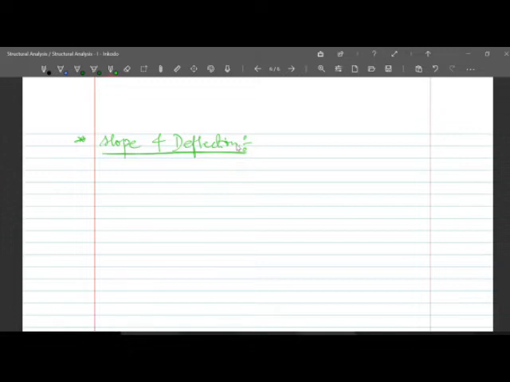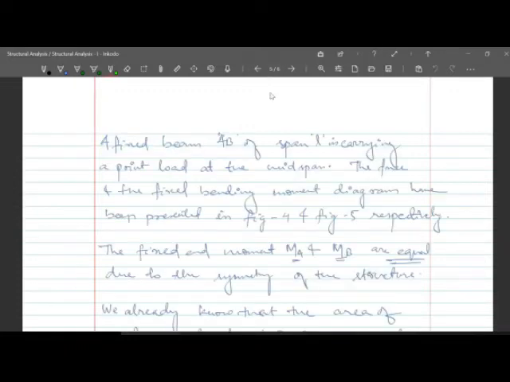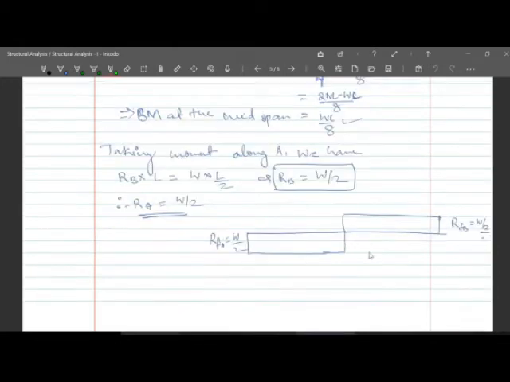Sir, excuse me, sir. Yes. You have drawn that shear force diagram. Which one, sir? Plus part, which one minus part? We have taken RFA as upside in the fixed beam.